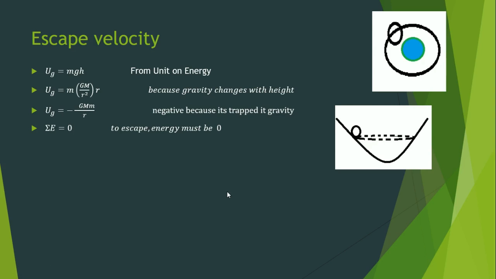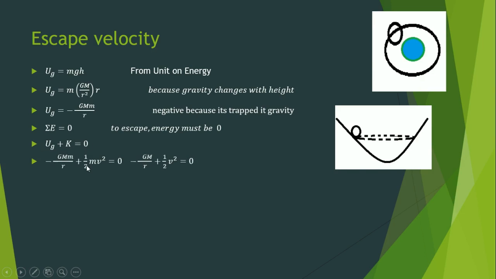So to get the energy to 0, remember we have potential and kinetic energy, and we do not have springs in space. So this is our formula here. The gravitational potential energy plus the kinetic energy equals 0.